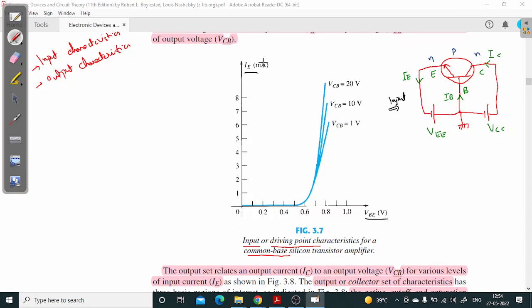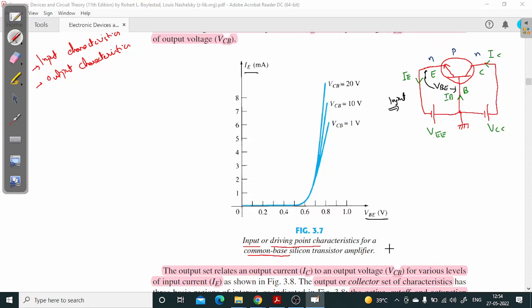So this is the input current, and VBE is the input voltage, the voltage that appears between emitter and base when you look from the input side.